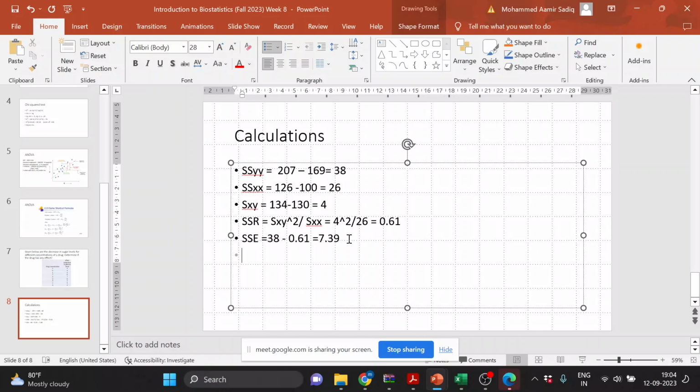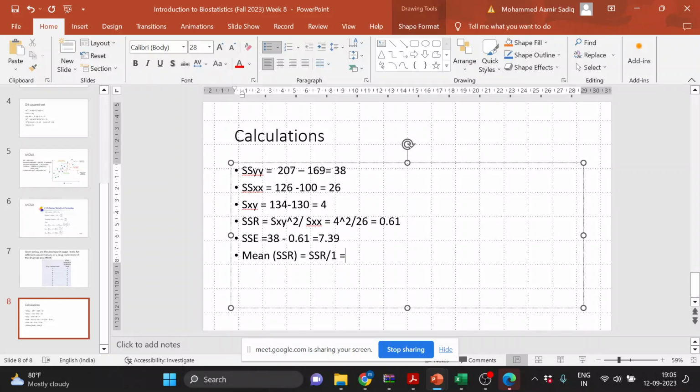Our mean SSR is SSR divided by 1, because we just have one factor, so 1 degree of freedom for SSR.